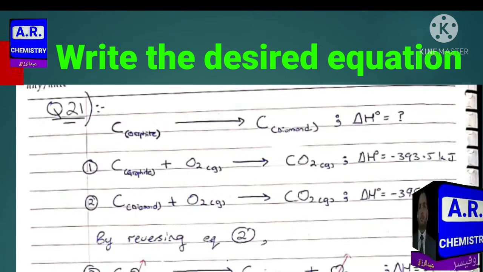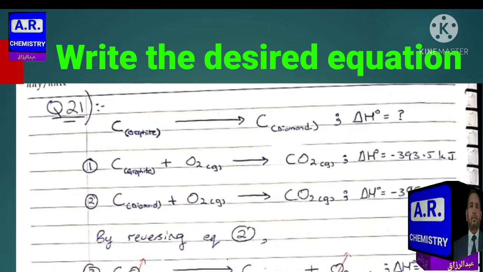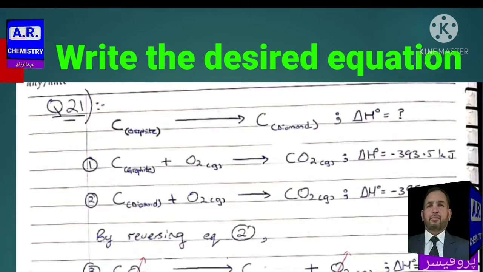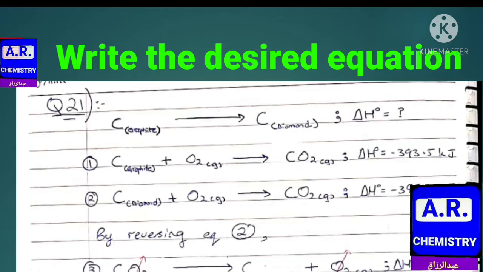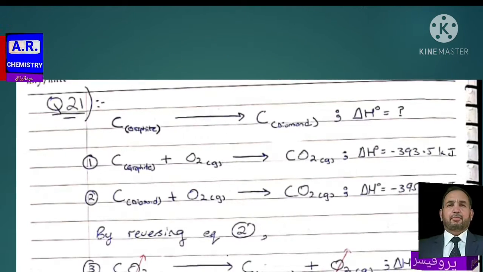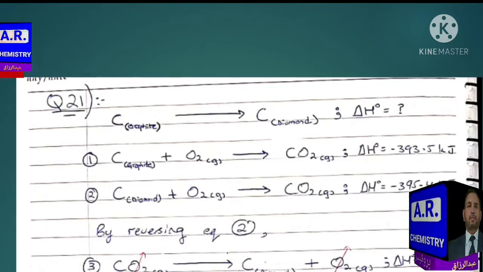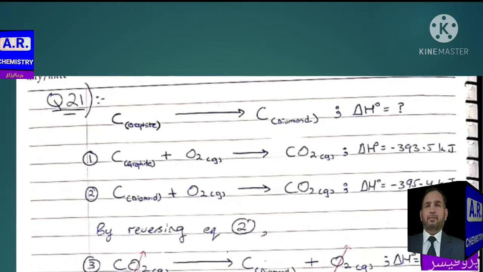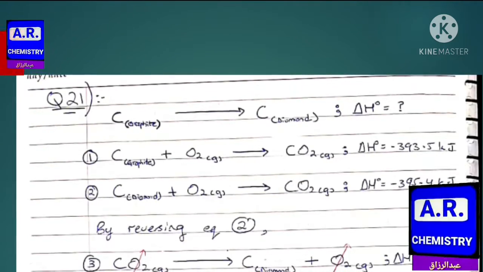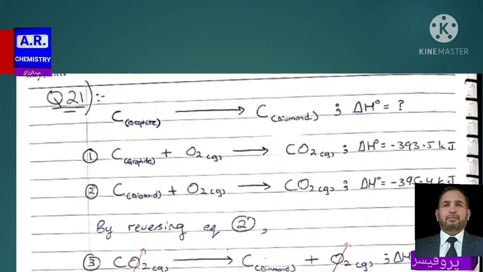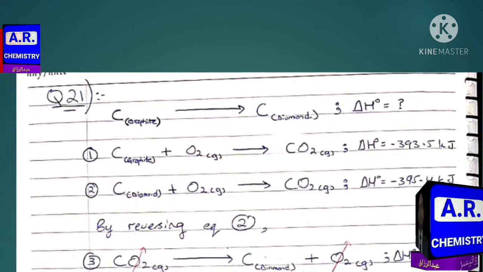That is, this transition takes place, then there will also be some heat change or enthalpy change, and we are to determine from the data that enthalpy change of that transition, enthalpy of transition. Delta H equal to question mark I have placed in front of this equation.